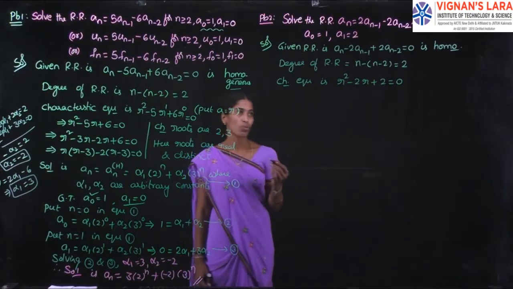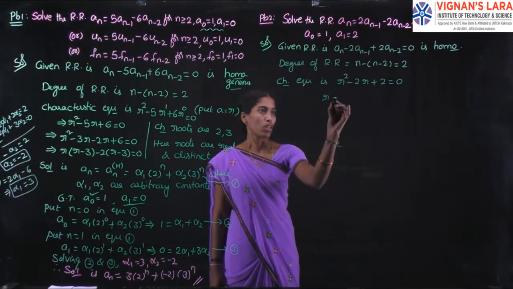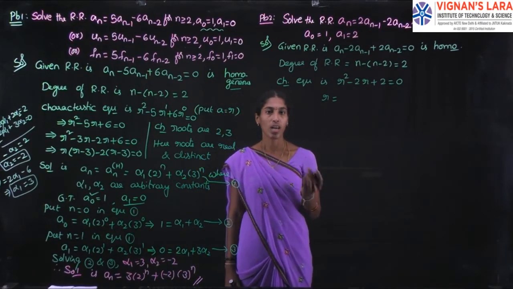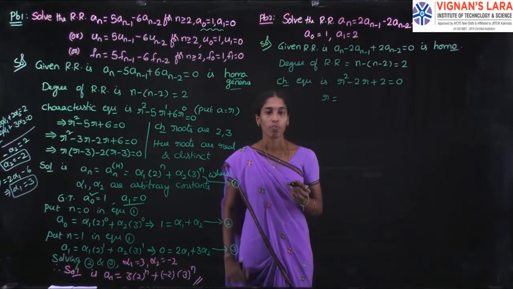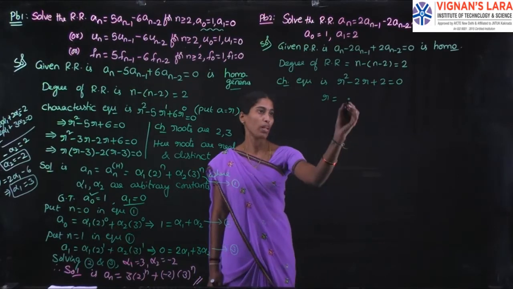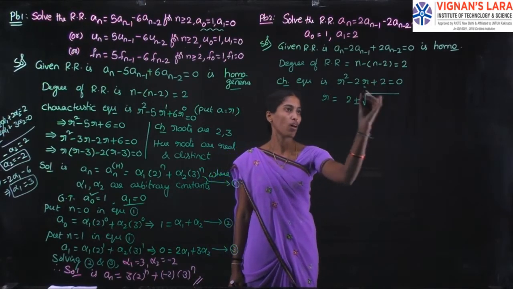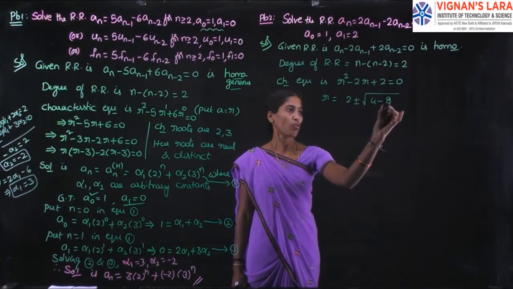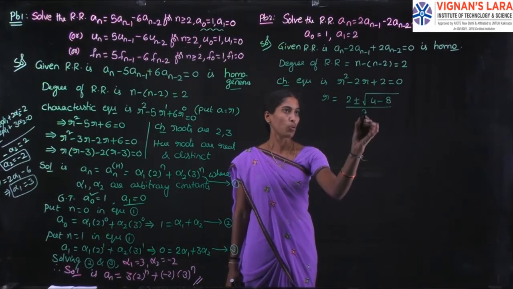Find out its roots. So, direct roots, factors not possible. So, use x is equal to minus b plus or minus square root of b square minus 4ac by 2a.